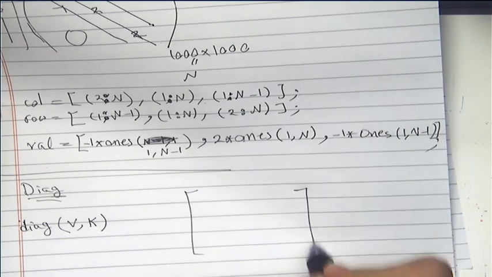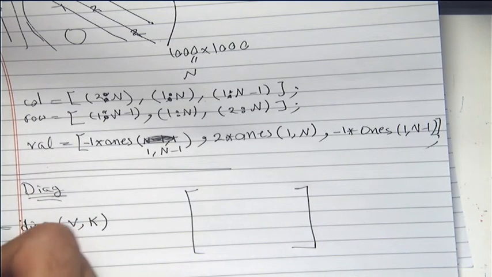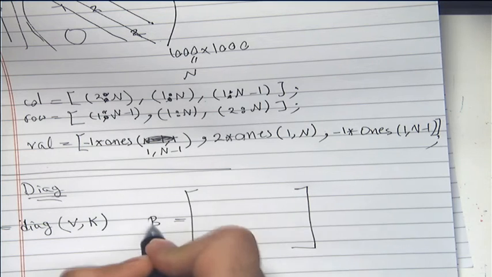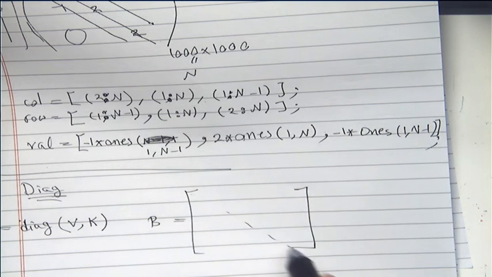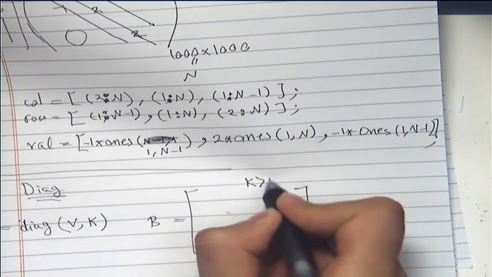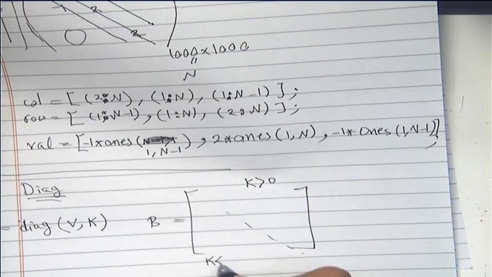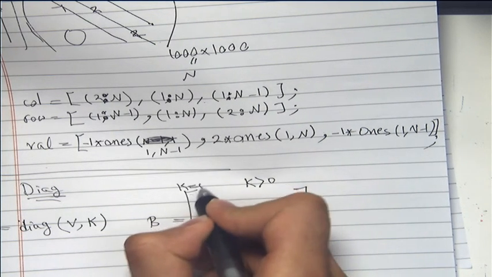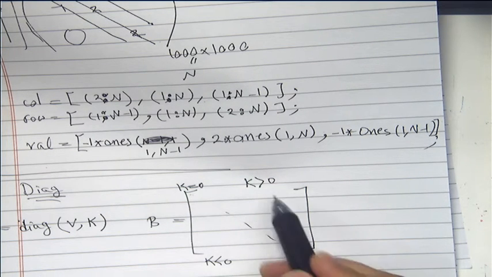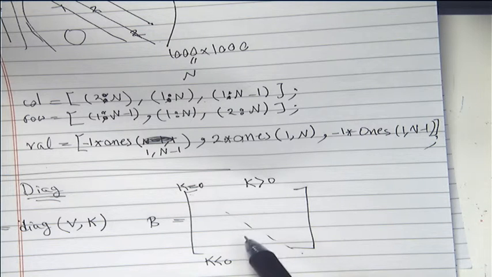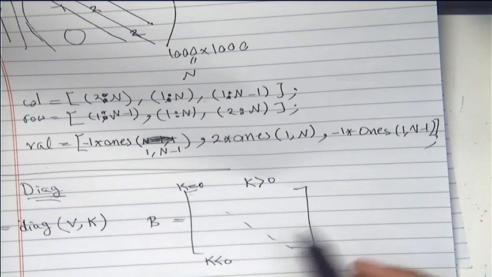If this were to be the matrix that you want to create, if this is B or A or anything, it's going to be 0 everywhere, and this is the main diagonal. K is positive here, and K is negative here, and K is 0 on the main diagonal. It shouldn't be different from MATLAB version to MATLAB version, but I may be misrecalling whether it's negative over here or negative over here, but you can always check that from the help menu.